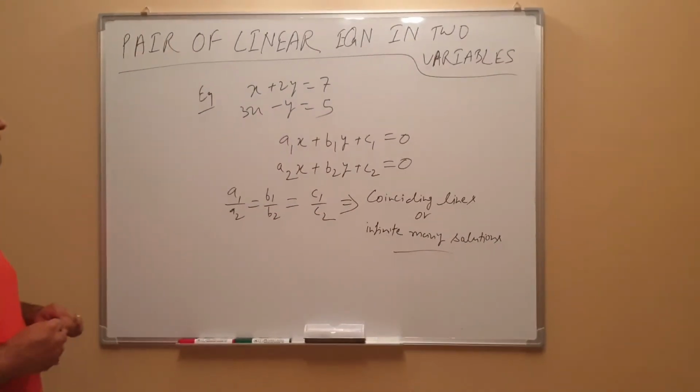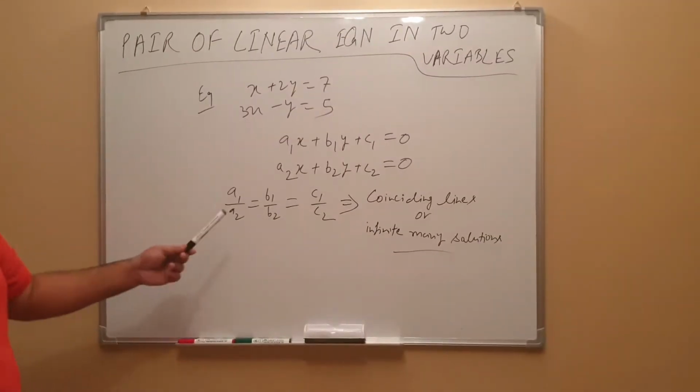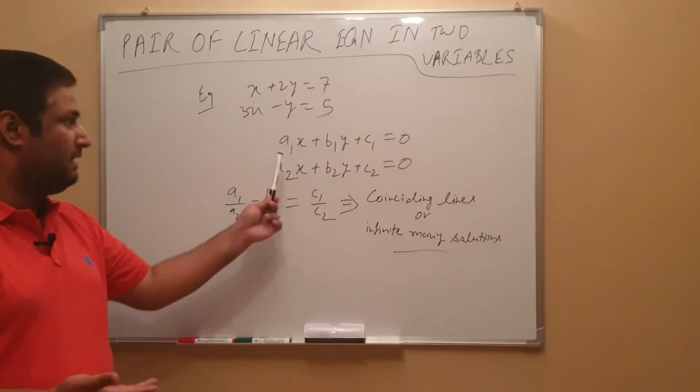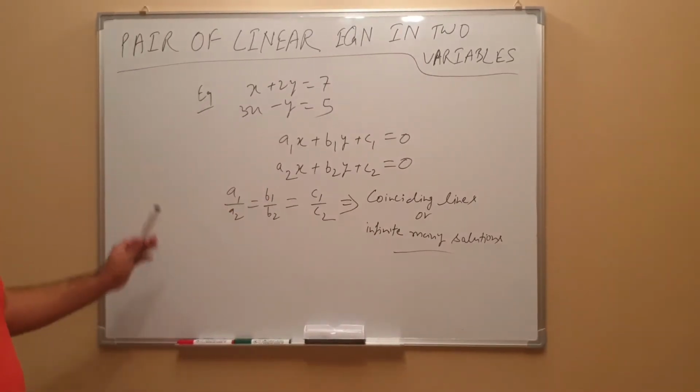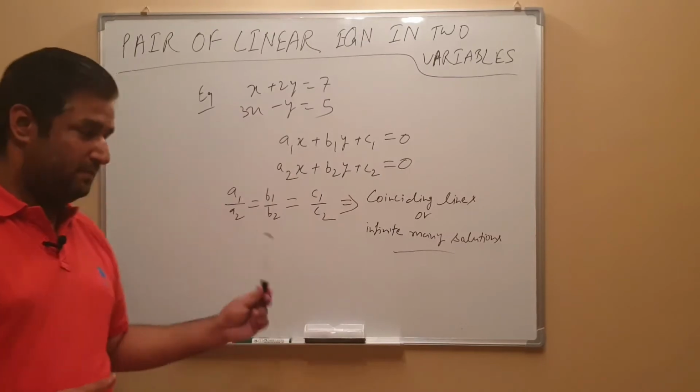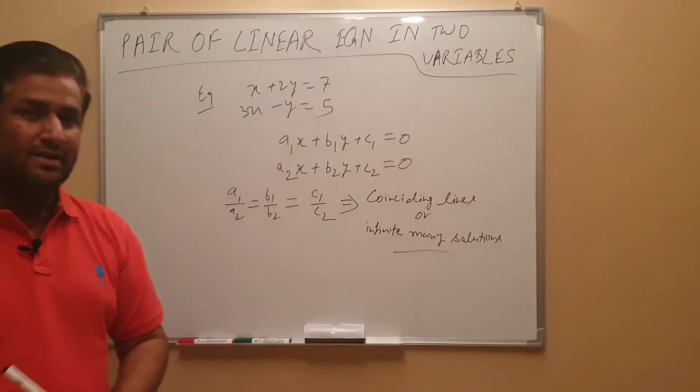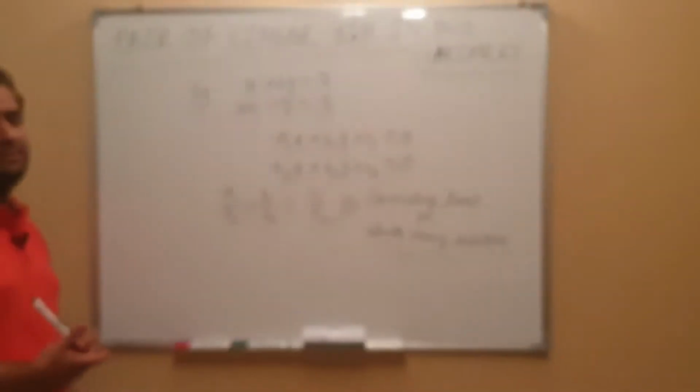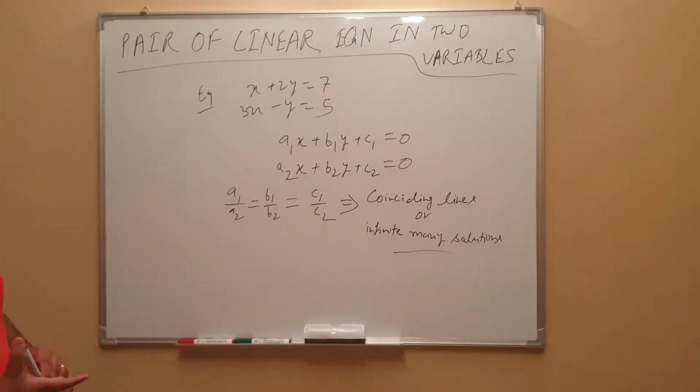So this is how it will happen in case of a pair of linear equations. Once you are given two equations, by using this method you have to find out what the solution will be for that particular given pair.